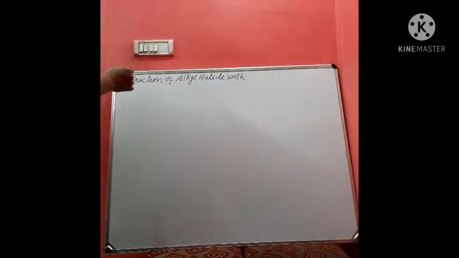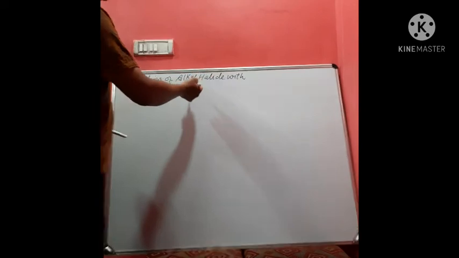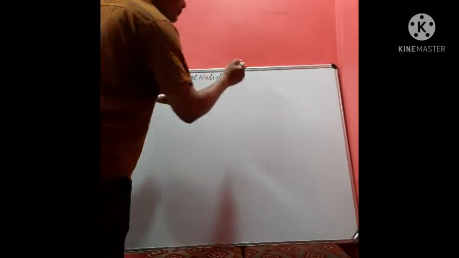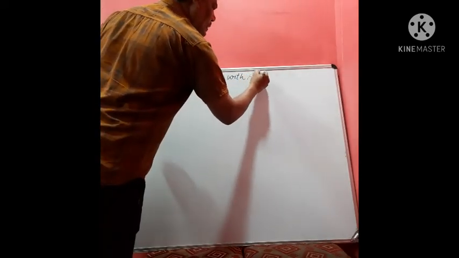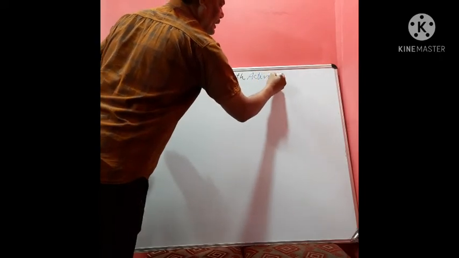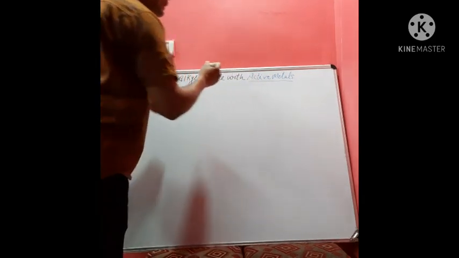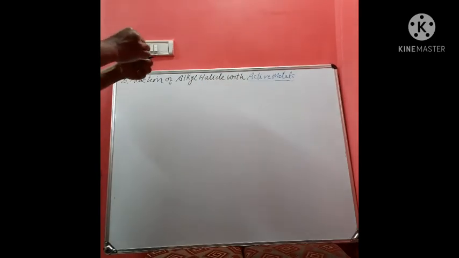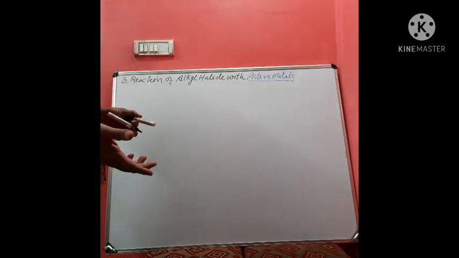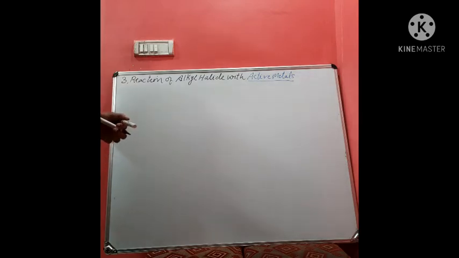Yes, student, the third type of reaction given by the alkyl halide is the reaction of alkyl halide with metal. But which type of metal? Active metals. Active metals means highly reactive metals like alkali metals or alkaline earth metals.